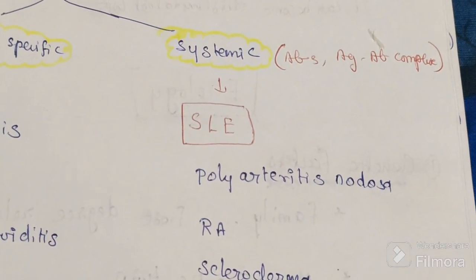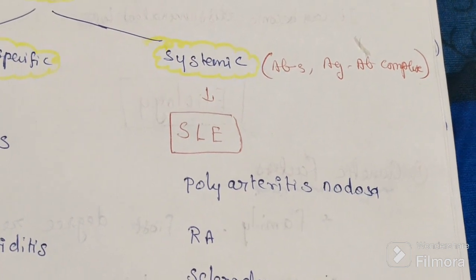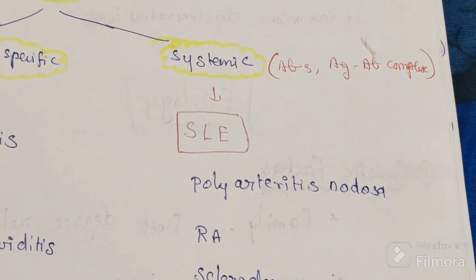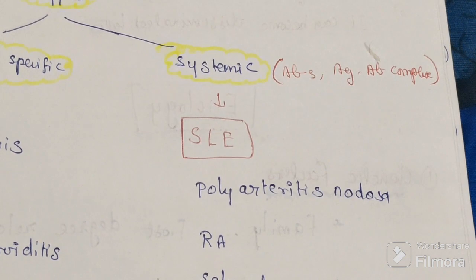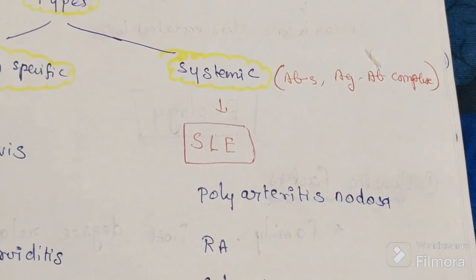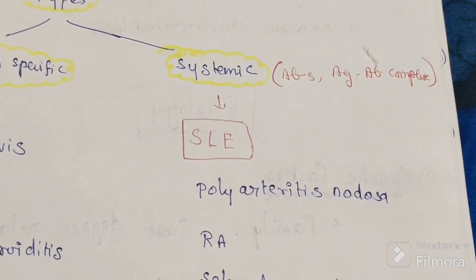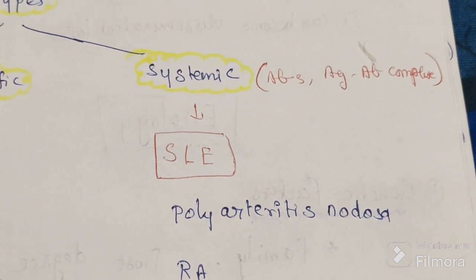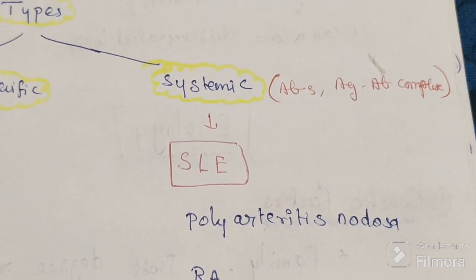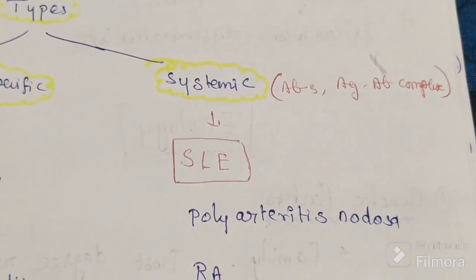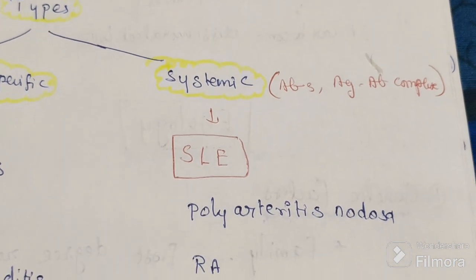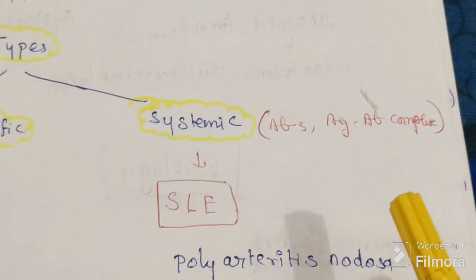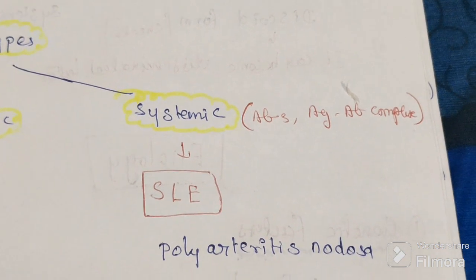Coming to systemic, we have SLE. It is a systemic autoimmune disease where the autoimmunity is mediated by antibodies or antigen-antibody complexes.